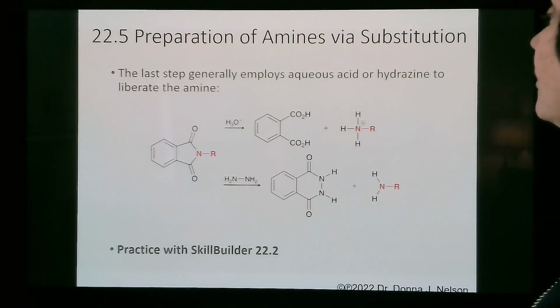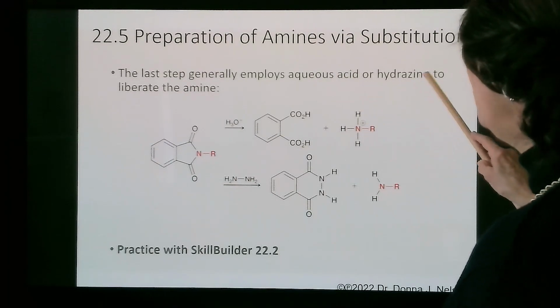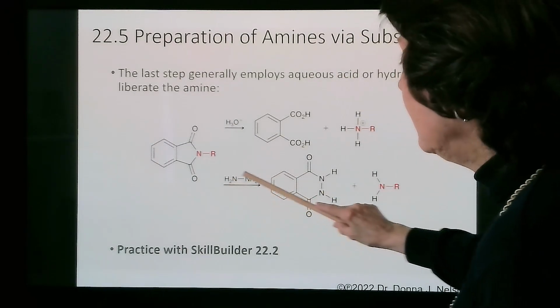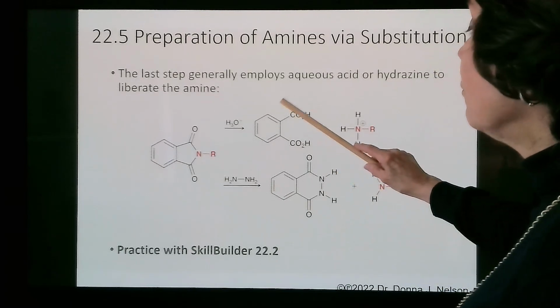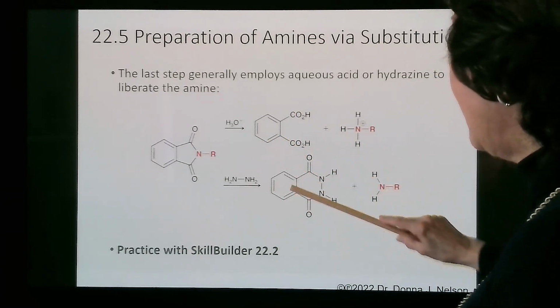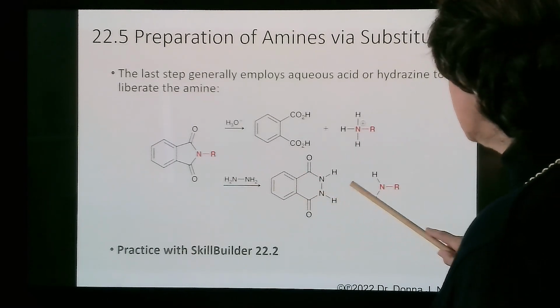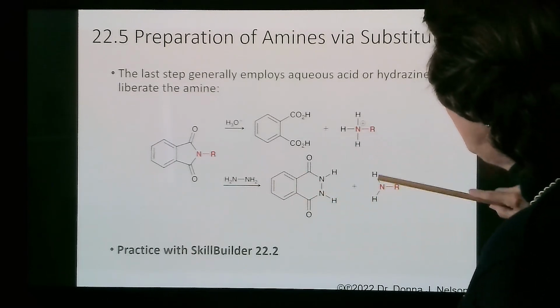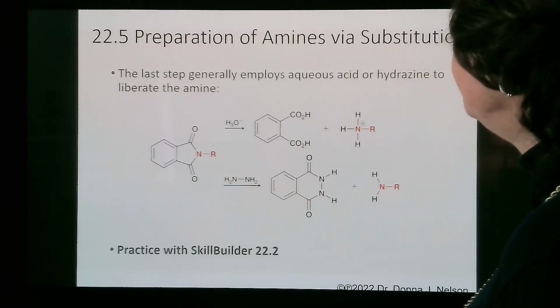Then the last step uses aqueous acid or hydrazine to liberate the amine, and so you're going to have the dicarboxylic acid or this bicyclic compound, and the primary amine has been generated.